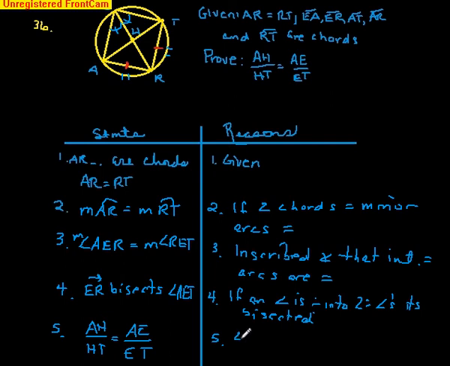I'll start to. Angle bisectors divide opposite sides into segments that have same ratio. And I'm going to run out of room.